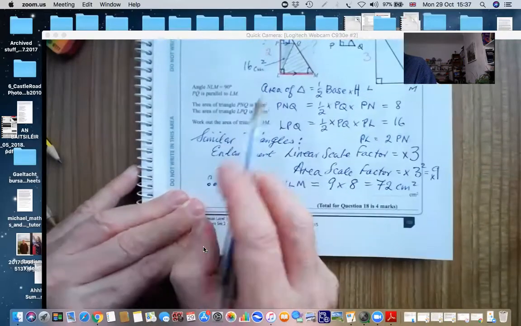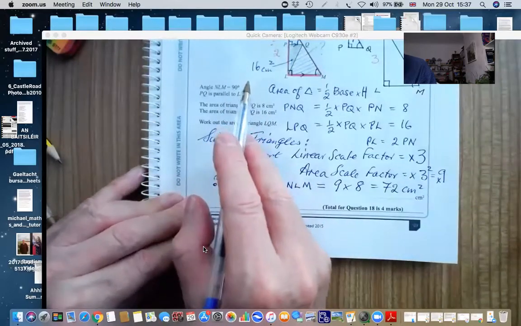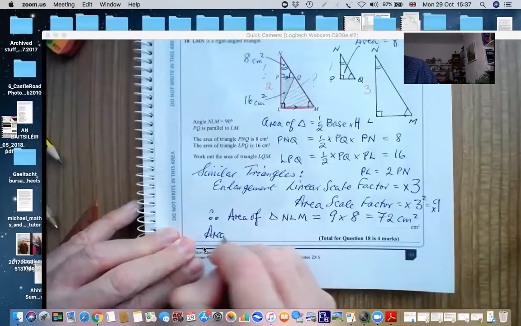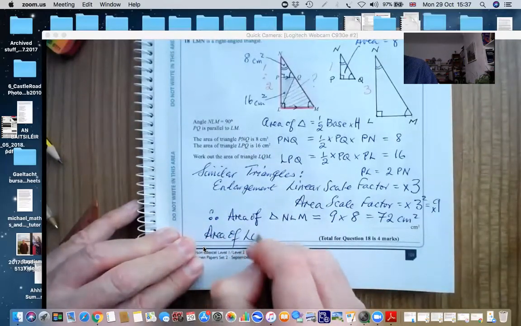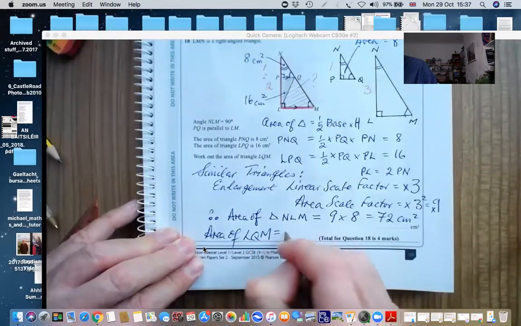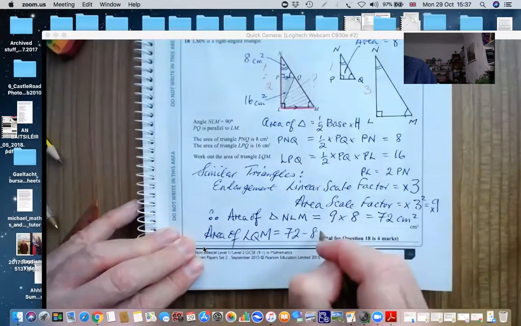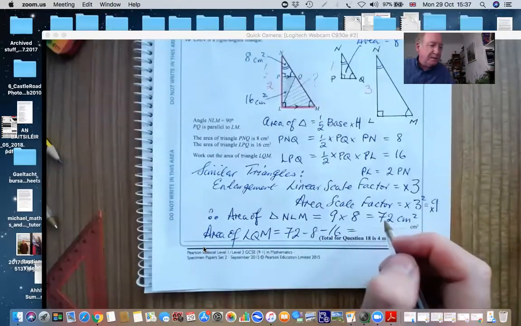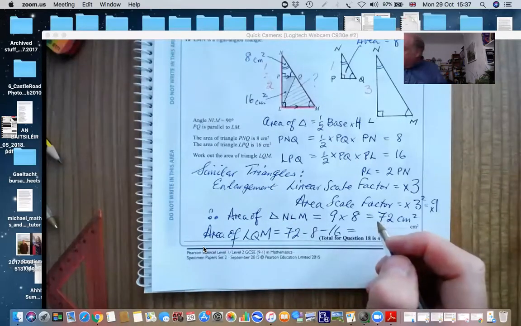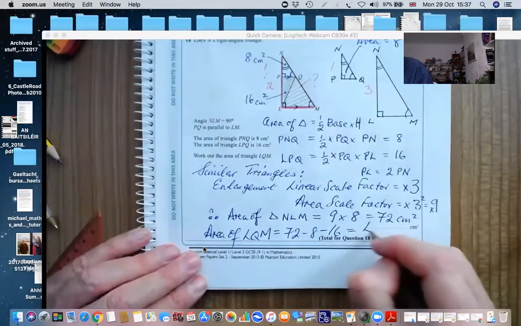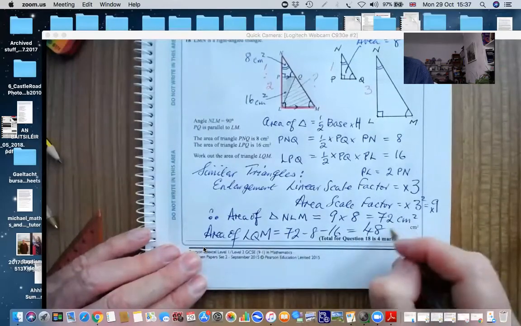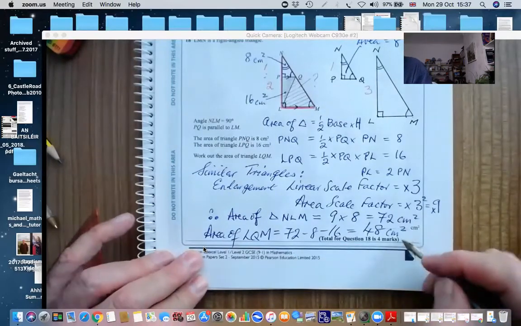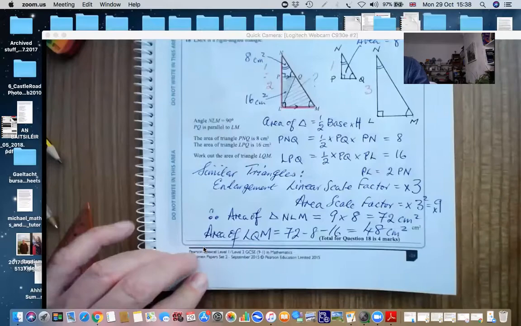Take away the 8 and take away the 16, leaves us with the area of LQM, which is what we want. Is 72, take away 8, take away 16, and that should end up giving us whatever the answer is going to be. I think it's going to give us 48 cm squared. Yes, that will agree with the mark scheme.